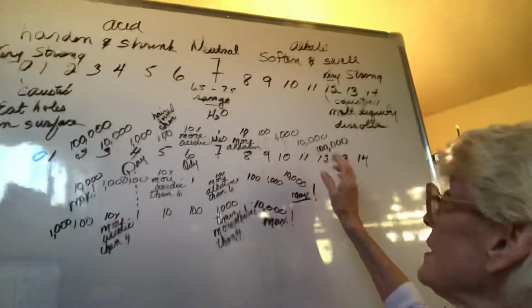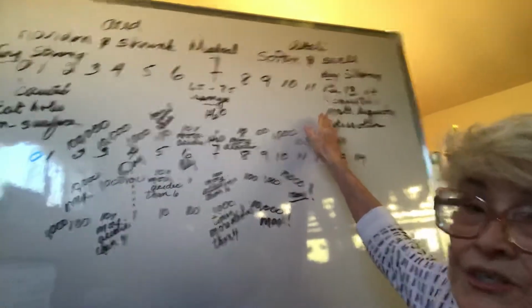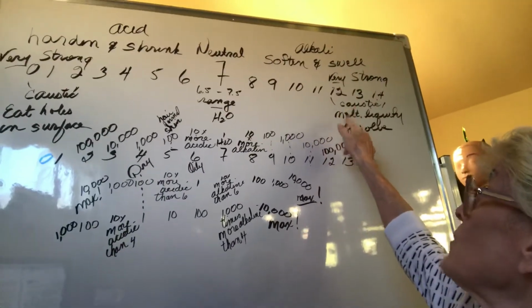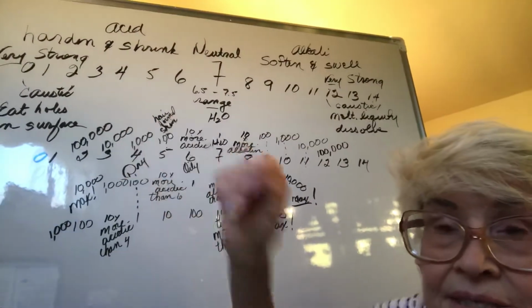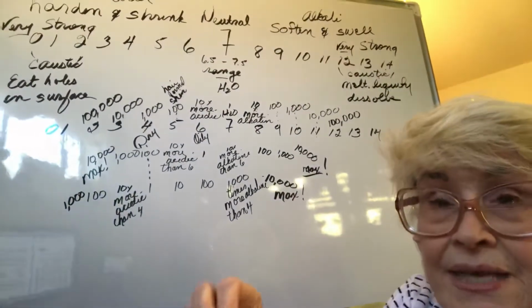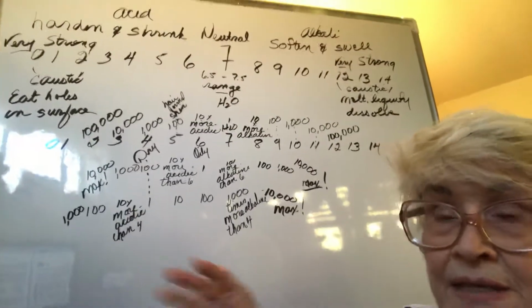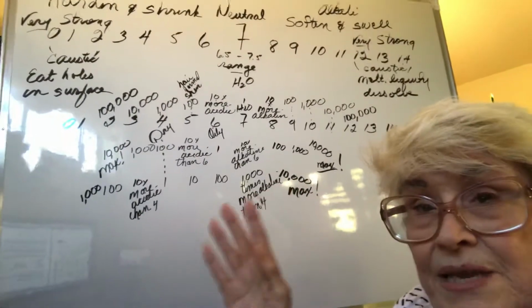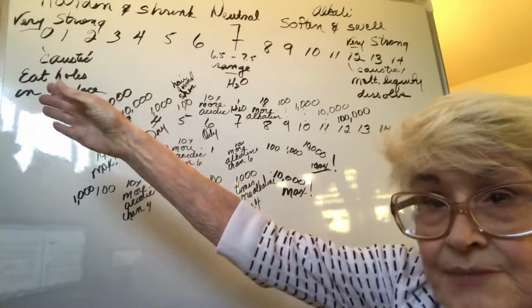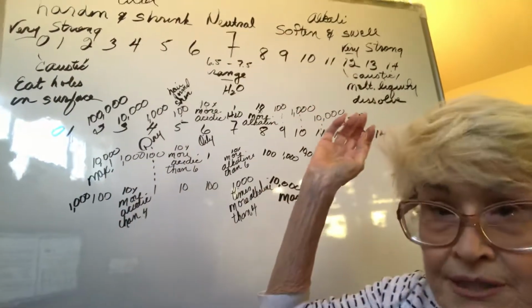They also state that no manufacturer can sell a product between 12 and 14 or 0 and 1 because these are classified as strong acids, strong alkalis, and the word caustic is used because caustic means to burn. So I can have an acid burn and I can have an alkaline burn.